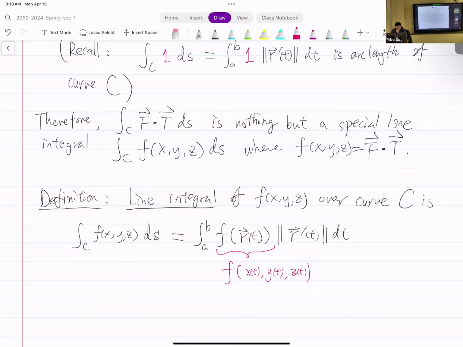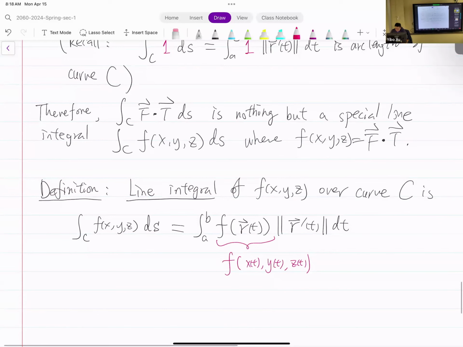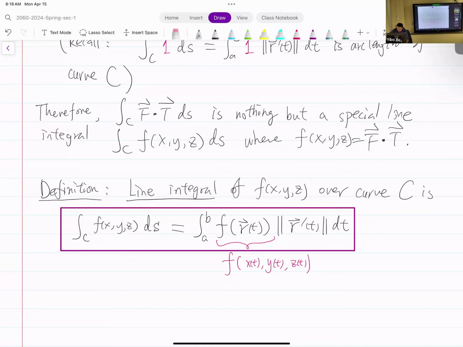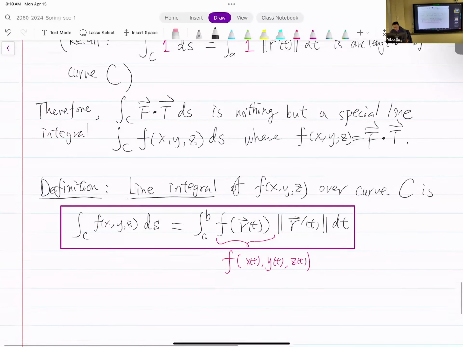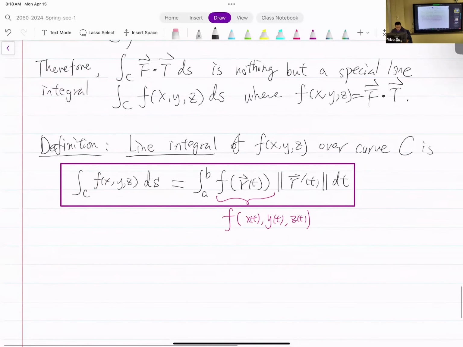If you really want to specify the coordinates without using the notation of the vector function. Right? So this is the line integral along the curve, if you have a scalar function that you're accumulating.